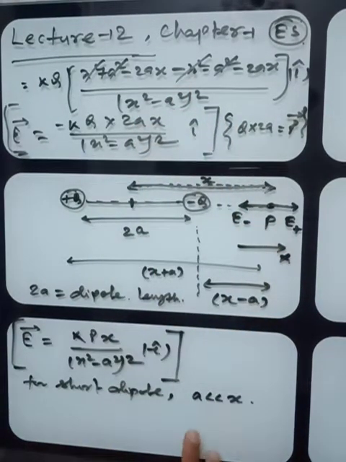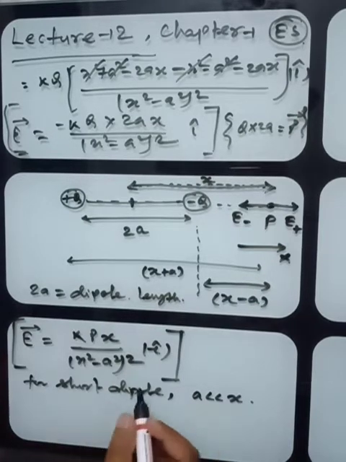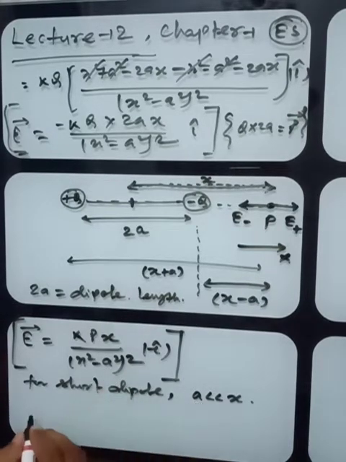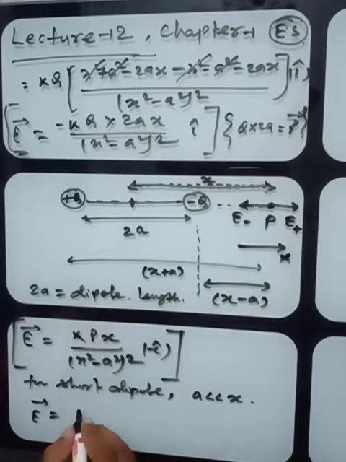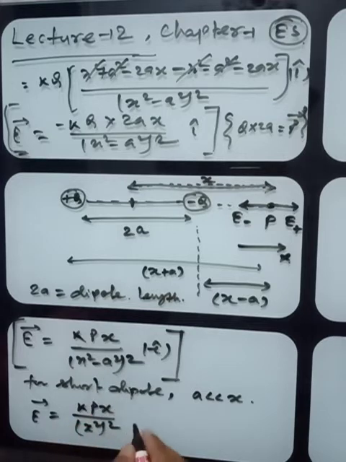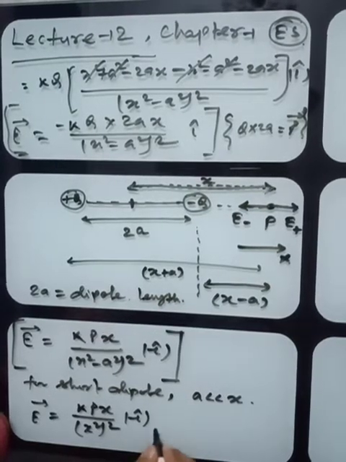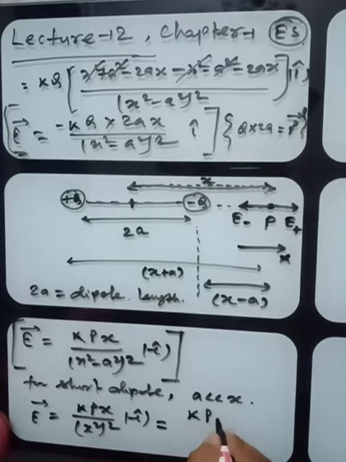So this a can be neglected, and E can be written as kpx over (x square) whole square, here a neglected, tends to 0, minus i cap.